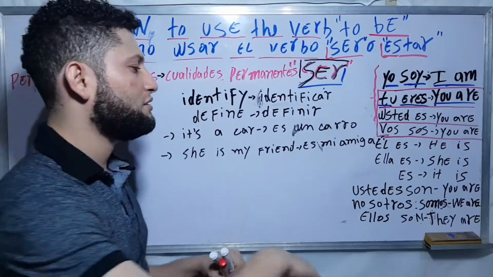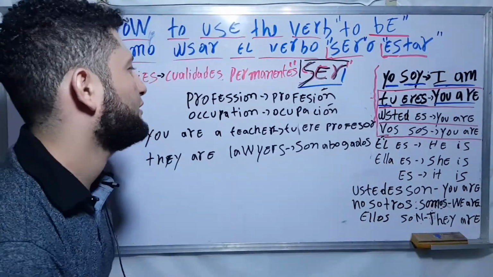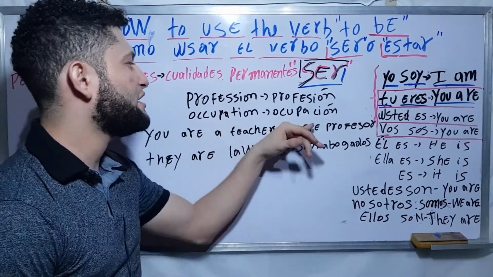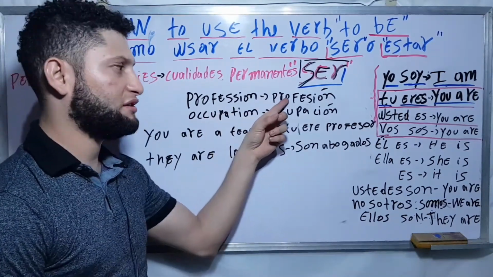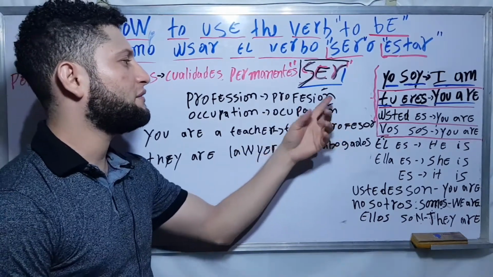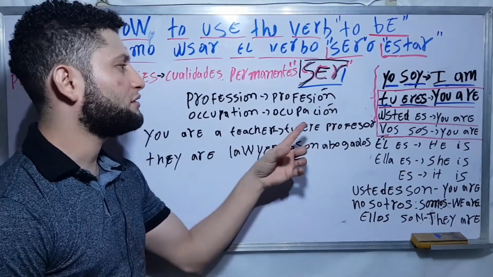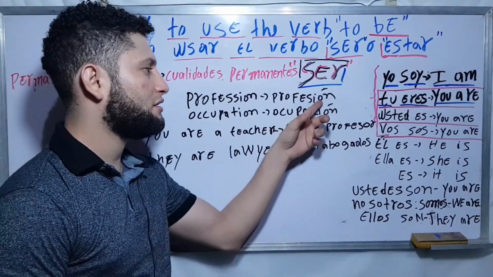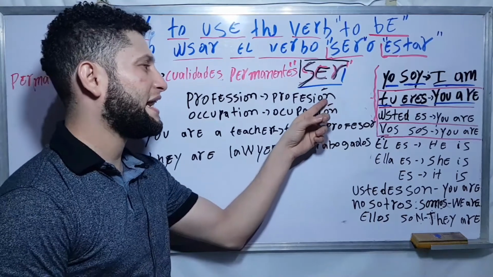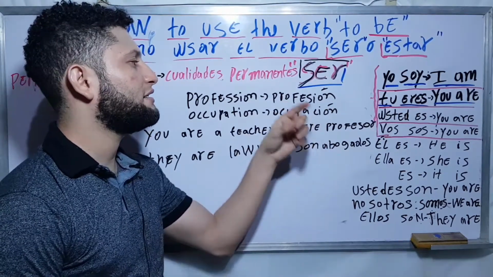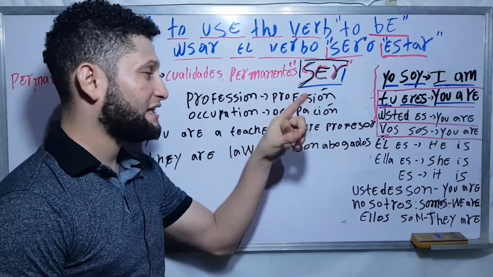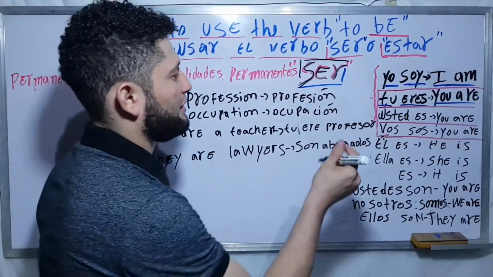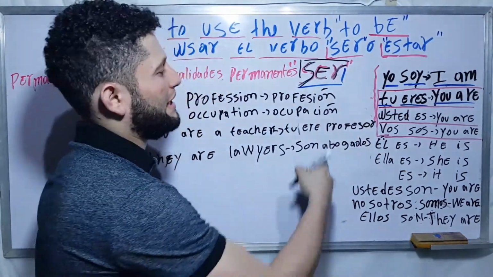Now, the other one is for profession and occupation. Profession, profesión. Once again, when certain words end with the letters O and N in Spanish, like in English, you will put this mark, which in Spanish is called tilde.